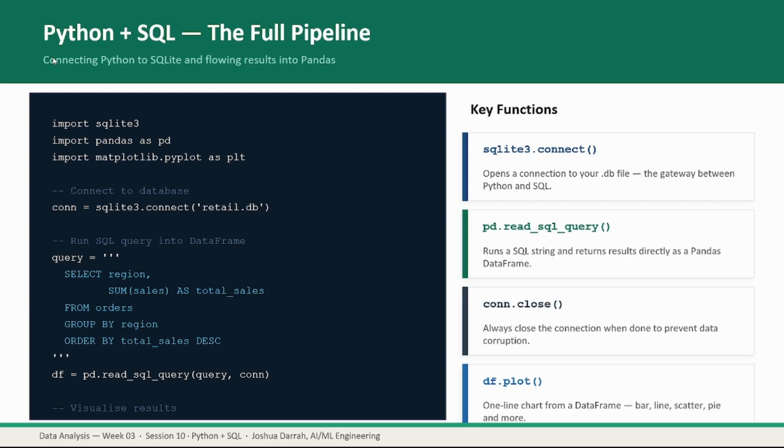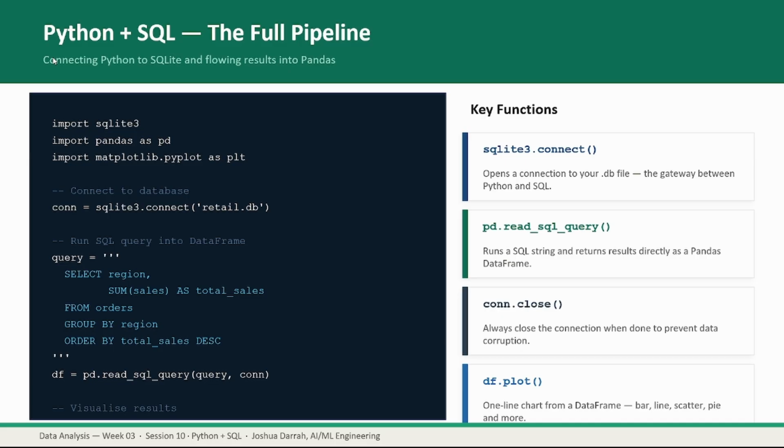Step four, you explore and clean the data, check for missing values and fix data types if needed. Then step five, you analyze the data, group by category, calculate the totals, and then find the highest one.